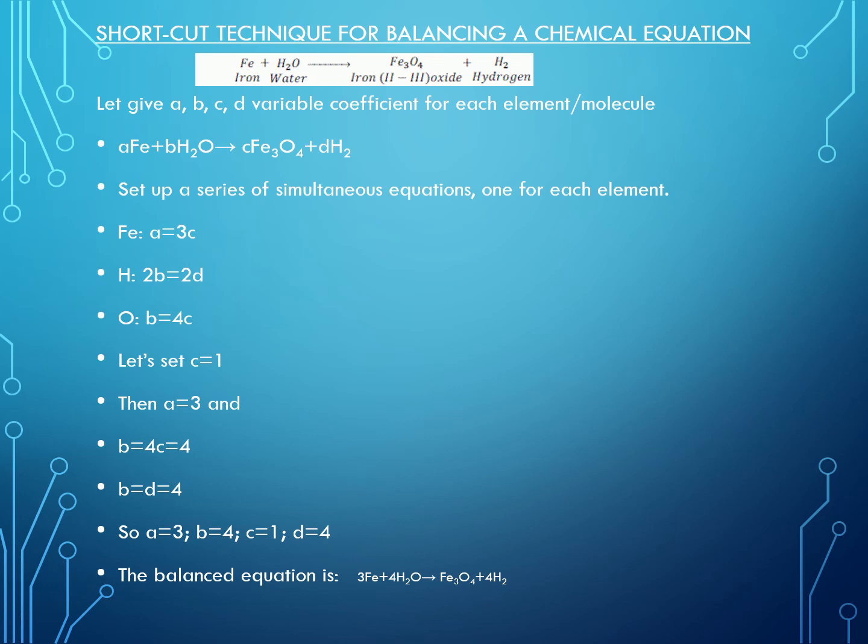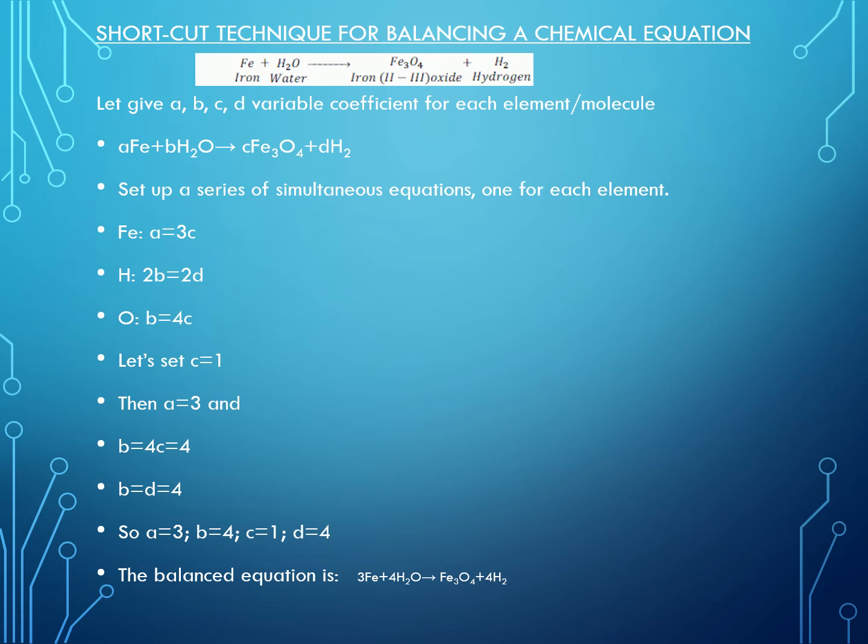Now the question arises: how is it 2B for hydrogen on the left hand side? If we see the water molecule, it is H2O, that is 2 atoms of hydrogen with 1 atom of oxygen. Hence, we have to multiply B by 2 to get the total number of hydrogen atoms in the LHS.